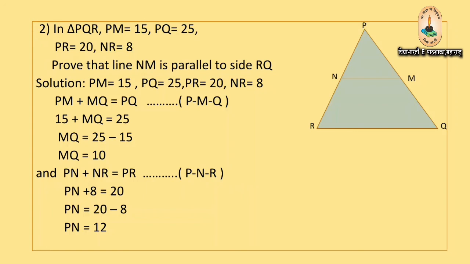Similarly, PN plus NR is equal to PR. That is, PN plus 8 is equal to 20. Therefore, PN is equal to 20 minus 8. Therefore, PN is equal to 12. Thus, here first we find MQ is equal to 10 and PN is equal to 12.